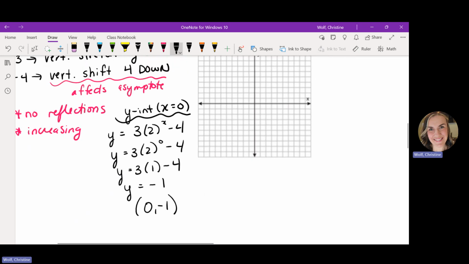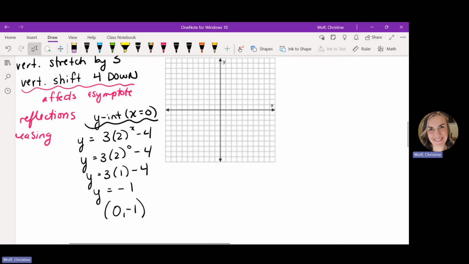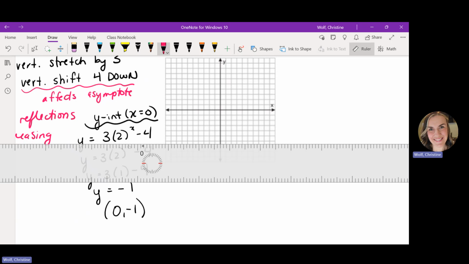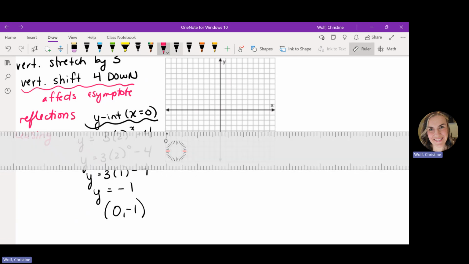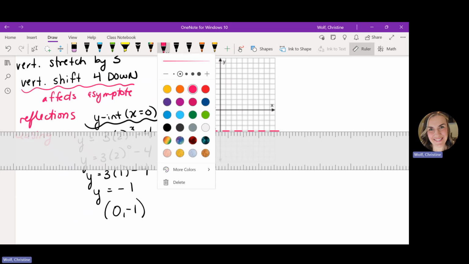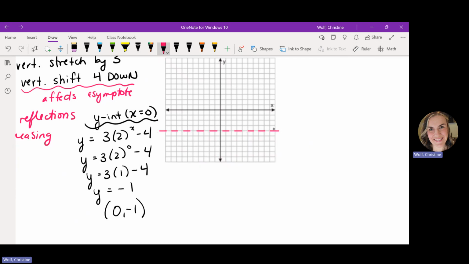So let's go over here. First things first, I'm going to draw where my new asymptote is going to be. That's very important. I give you marks for drawing it in when it's not on 0, when it's at a different line. We've shifted this entire graph 4 down, so that means the asymptote moves 4 down as well. There's my vertical shift. I just went 4 down from where it usually is.